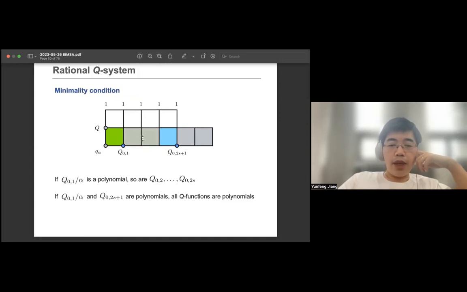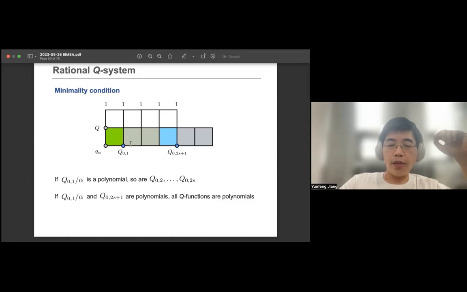Okay, and the minimality condition, which we saw in the spin 1/2 case, is also changed a little bit. Previously we said the first 2 boxes are the minimality conditions. In this higher spin case, we also have minimality conditions. These are also 2 boxes, but these are the 2 boxes shaded green and blue. The conclusion is that if we require that Q01 divided by alpha is a polynomial, then from Q02 to Q0 2S, these boxes are automatically polynomial.